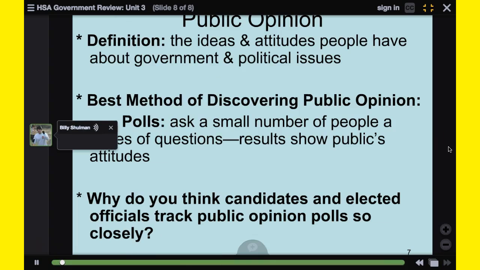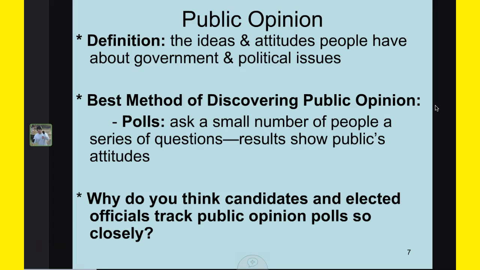In Unit 1, we learned about how in a democracy, people are the power. The concept of popular sovereignty once again comes up. And one of the ways that politicians, including the president, measure what people are thinking is because of the use of public opinion. Public opinion is the ideas, the attitudes that people have about the government and political issues.